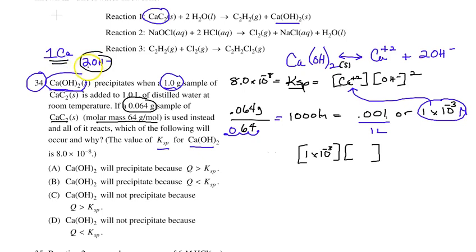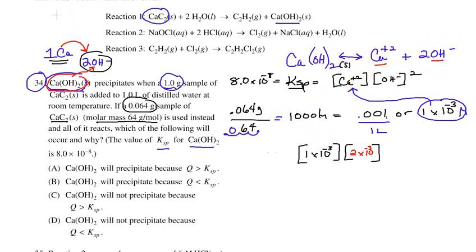So doubling this value would be 2 times 10 to the negative 3. Now, why am I doubling it? Because for every one of these, there's 2 hydroxides. I found the calcium concentration. This has to be twice as much, okay? Because there's 2 here to 1.